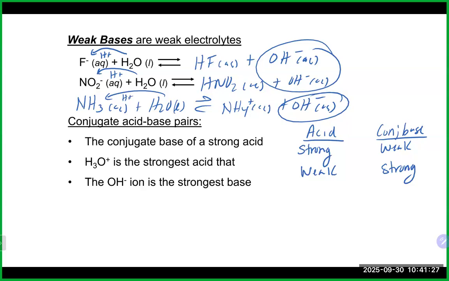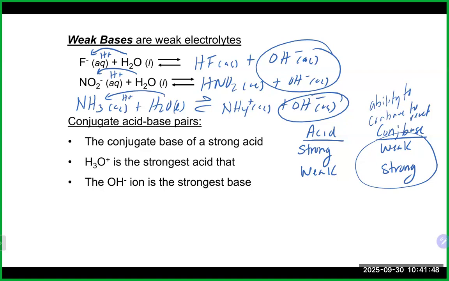What we are actually talking about in this case is the ability to continue to react. So not necessarily strong in the sense that it will be a stronger base than sodium hydroxide. It is going to be a weaker base than sodium hydroxide.